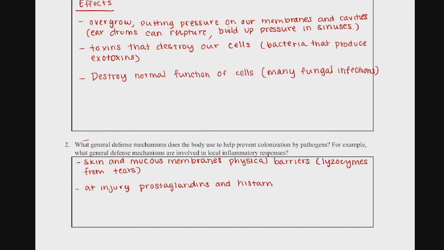Not to get histamine confused with histidine, which is an amino acid. Prostaglandins and histamines cause increased blood flow and swelling to the area. And I know this sounds kind of intuitive, but this all has to go with that clotting mechanism to prevent invasion by additional pathogens. If we're flooding the area and not just taking everything from the outside in, it prevents extra things from coming inside.